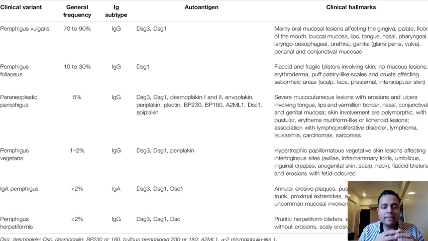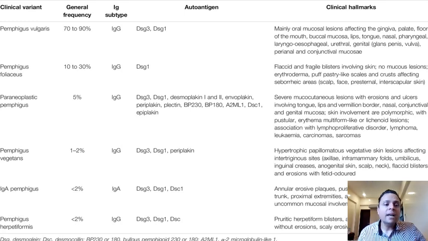Pemphigus vegetans can coexist; the vegetating lesion can even exist in pemphigus vulgaris also, but it's a separate variety. IgA pemphigus is very, very important to understand. Then pemphigus herpetiformis, which looks like dermatitis herpetiformis because of the grouped lesions.